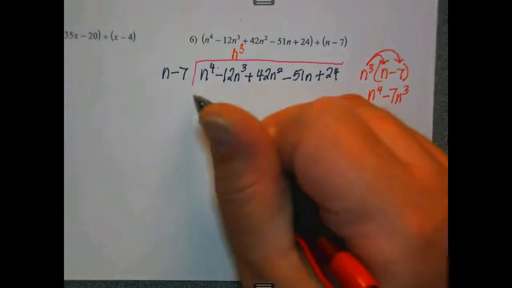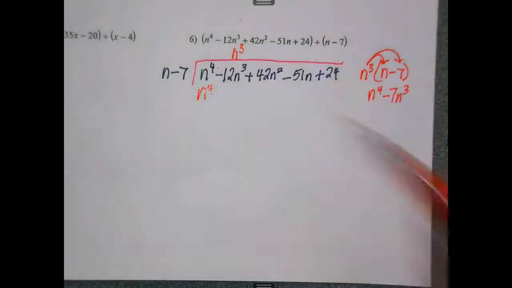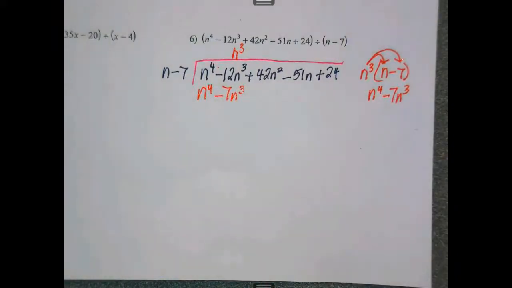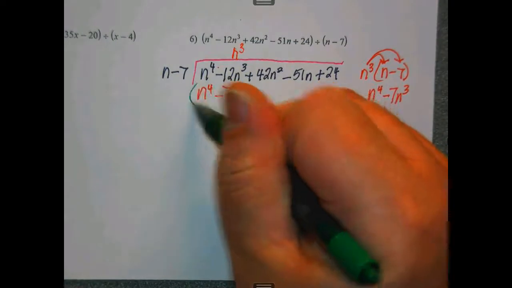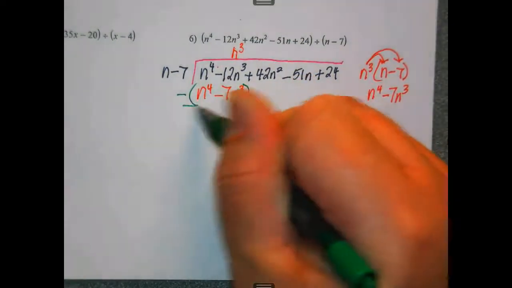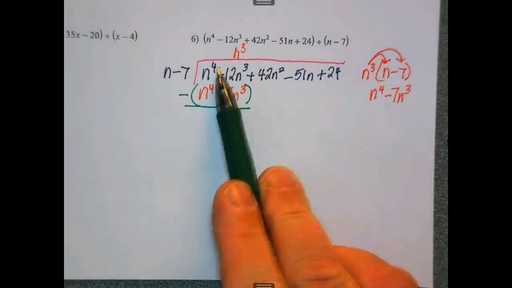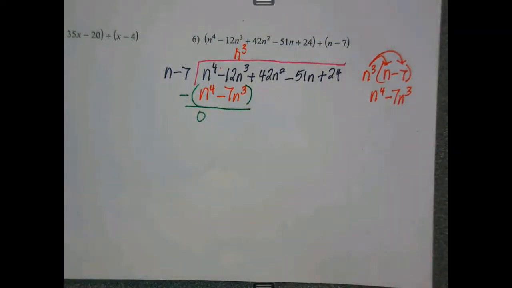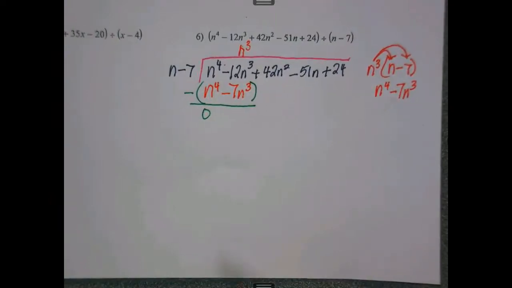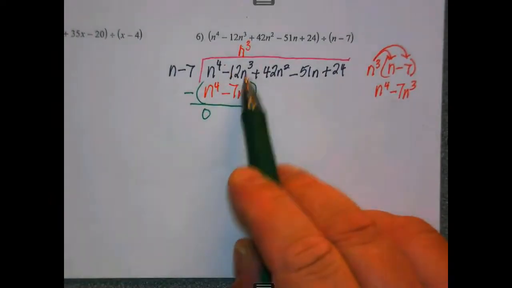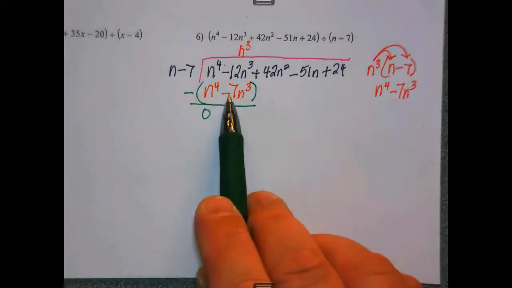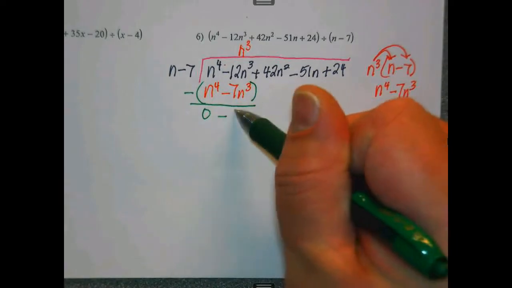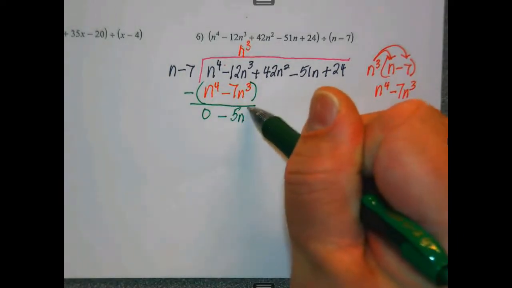Okay, my product: n to the 4th minus 7n cubed. I'm going to subtract the entire quantity. n to the 4th minus n to the 4th, 0. If you don't get a 0, you did something wrong. Negative 12n cubed minus a minus, so it's plus 7n cubed, is negative 5n cubed.